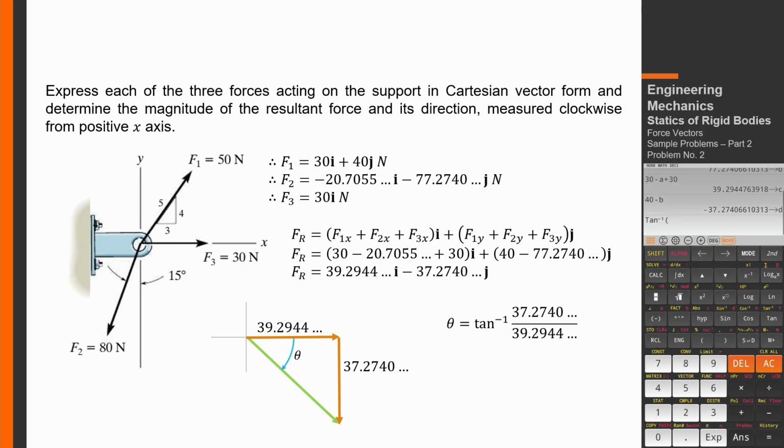Arctangent ng yung nakastore sa D over C. Therefore, angle is equal to 43.4885 degrees measured clockwise from the positive x-axis. Yung negative dyan dahil magkaiba ng sign yung fraction na nakastore sa D over C. Pero okay lang din naman yan.